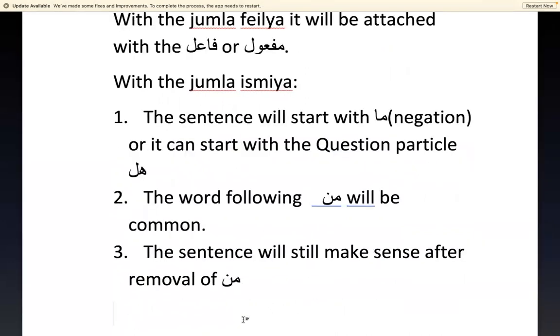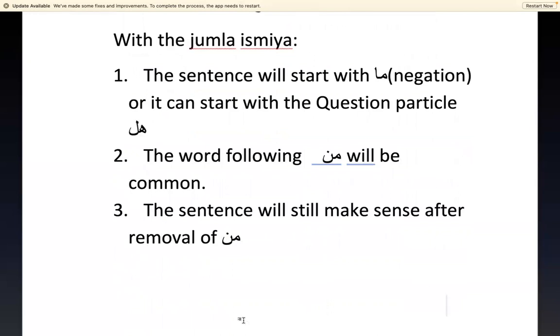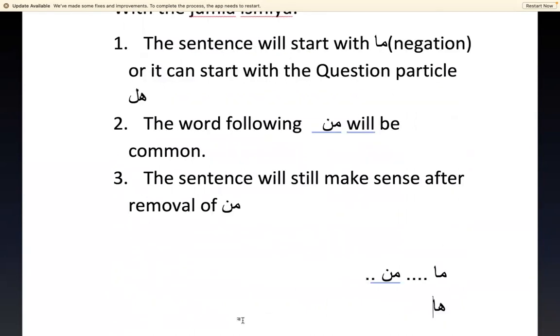So in the jumla ismiya, the structure will be like this. You will have ma, something, okay, then you have min, something, or you will have hal, something, then you have min, something. Okay, so generally this ma something, you have some harf jar and majroor.